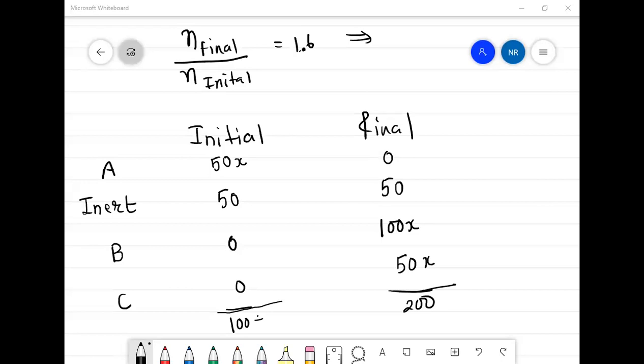30 moles reacted, so the number of moles of A reacted divided by the number of moles of A fed: 30 reacted out of 50 fed, so the conversion will be 60%.